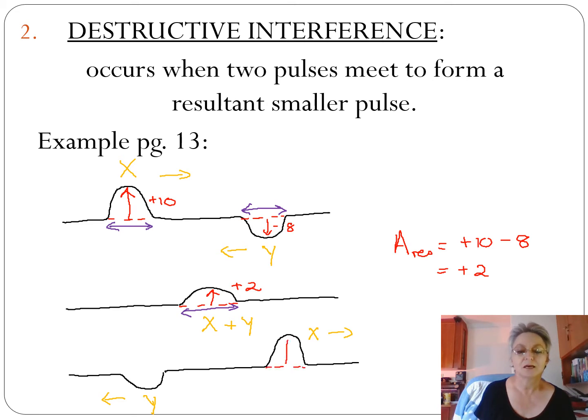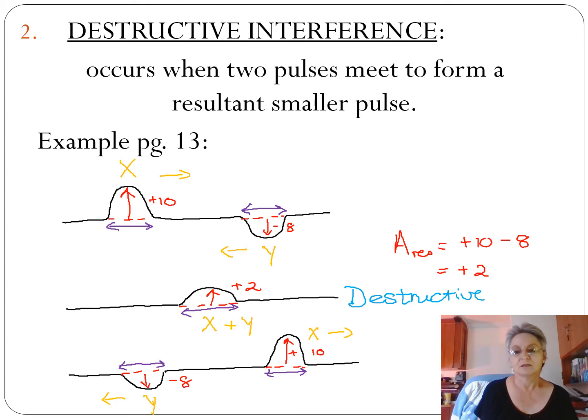It means that the amplitude of X is still plus 10 and the amplitude of Y is still -8, and that the pulse widths are the same. They haven't changed. Right, so this is a demonstration of destructive interference.